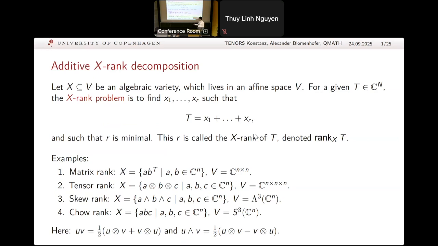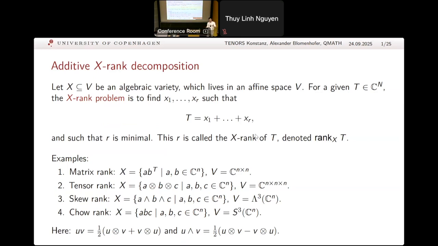For instance, if we have a skew-symmetric, I'm writing this as lambda 3 of C to the n. These are basically the n by n by n tensors which are skew-symmetric, which means whenever you flip two indices, you get a -1 of the entry. And such tensors, you can write them as a sum of anti-symmetrizations of rank 1 tensors. That is logical, right? Because every tensor has a tensor rank decomposition.